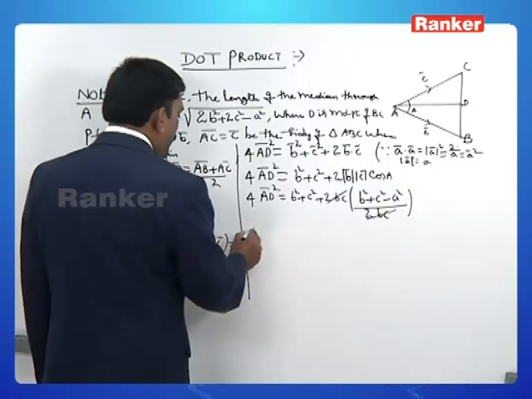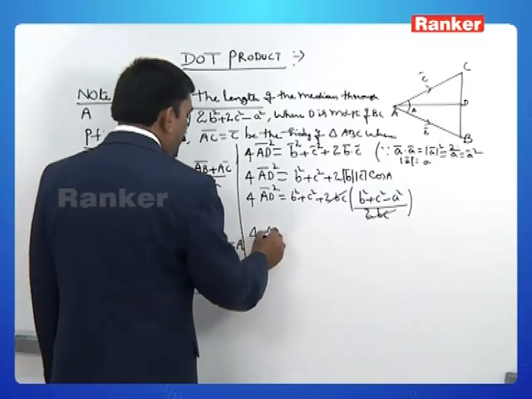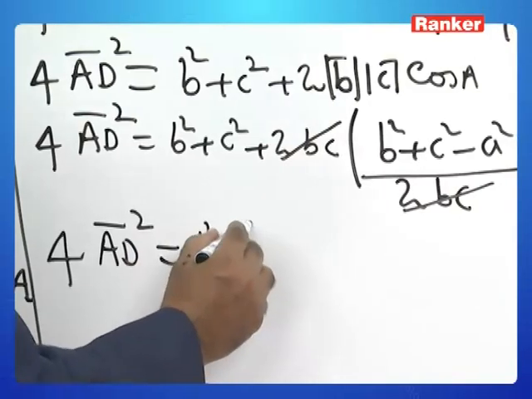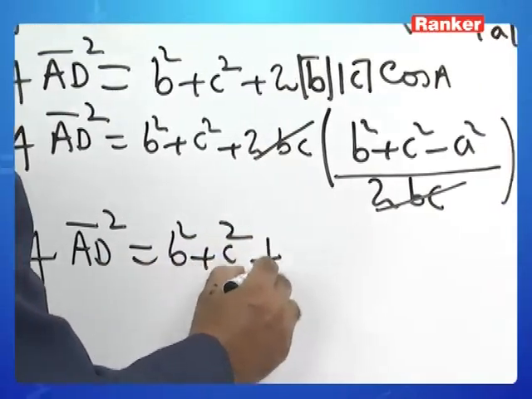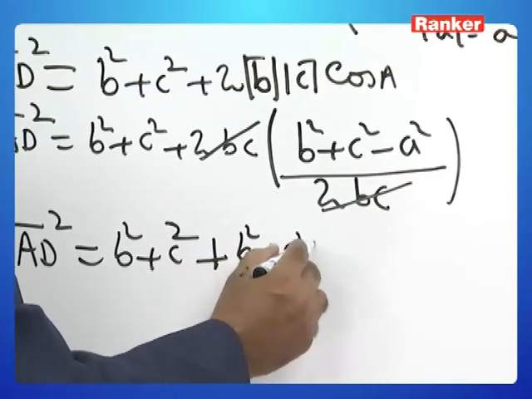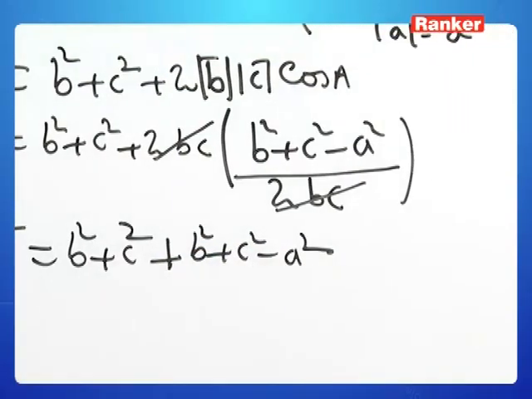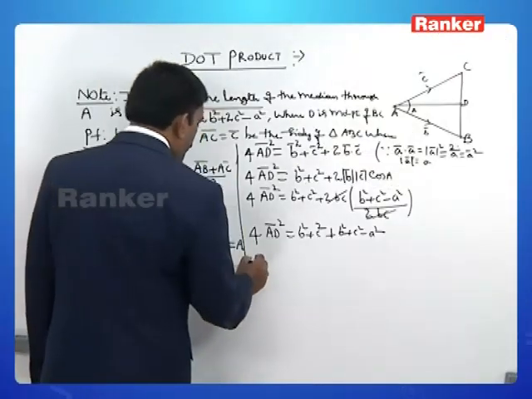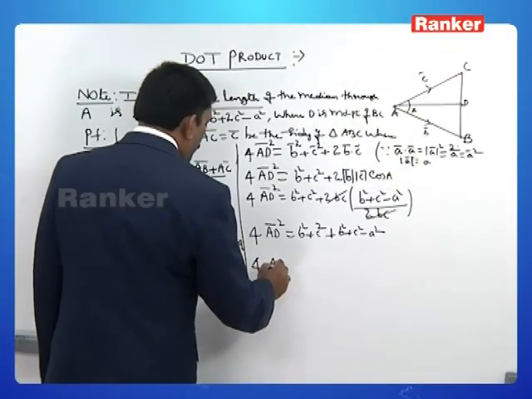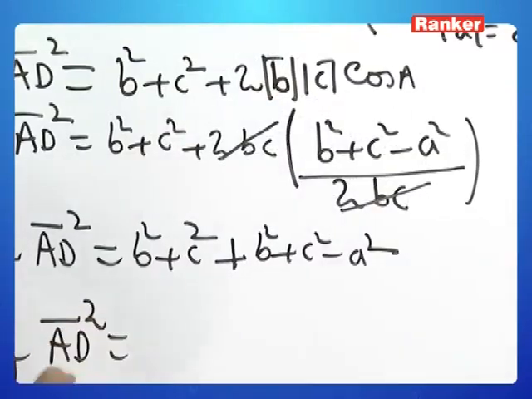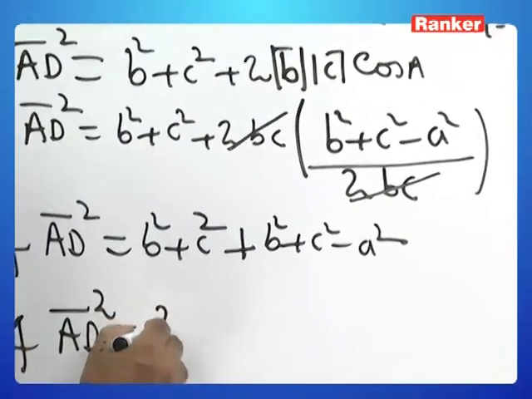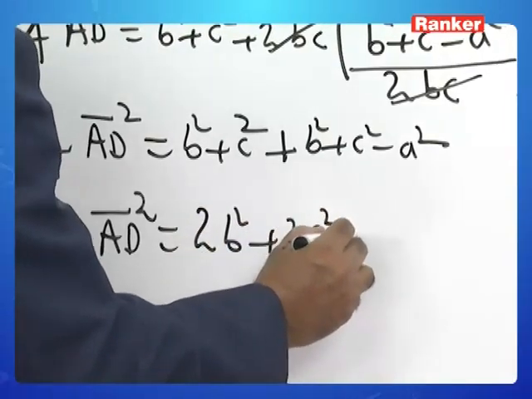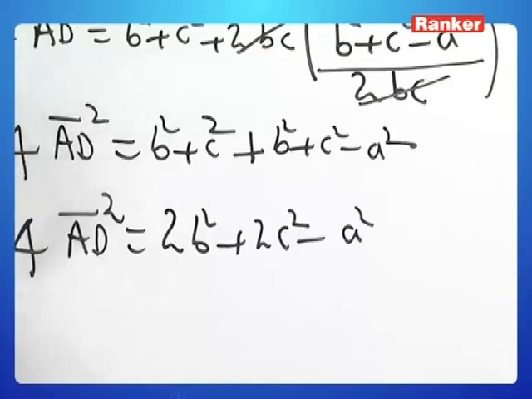Therefore, I can write 4 into AD bar square is equal to b square plus c square plus b square plus c square minus a square. Now, 4 into AD bar square is equal to 2b square plus 2c square minus a square.